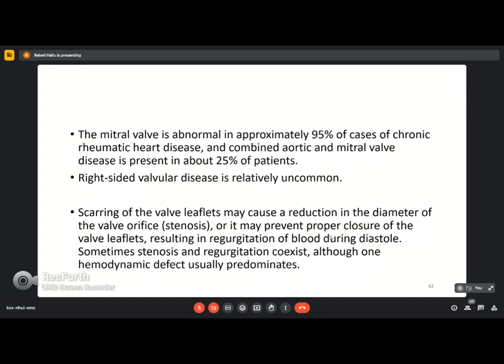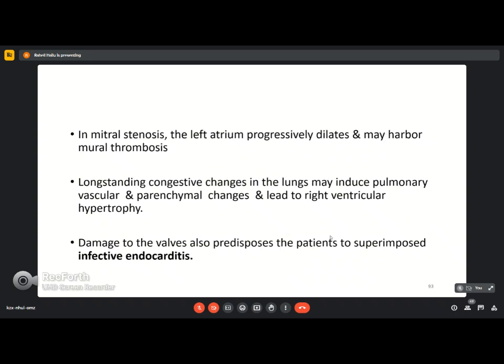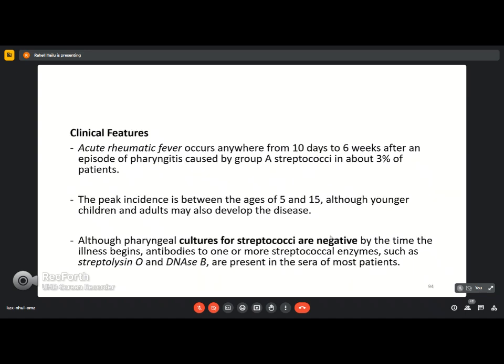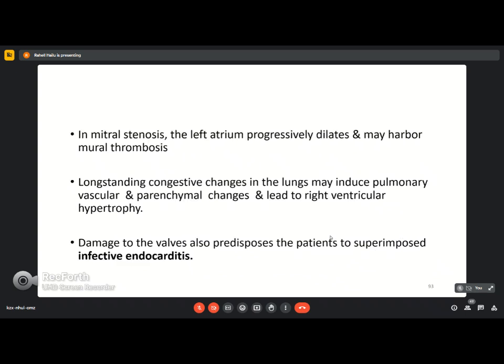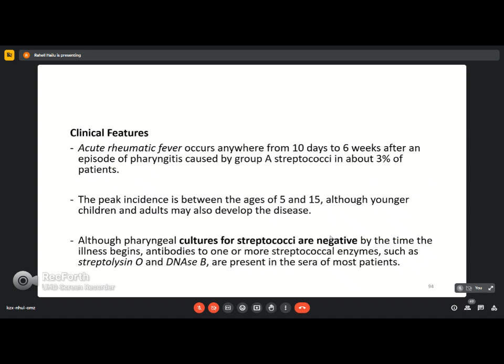So the mitral valve and aortic valve are the ones that are more involved. So right-sided valvular disease is relatively uncommon. Okay. Damaged valves predispose to another condition called infective endocarditis.